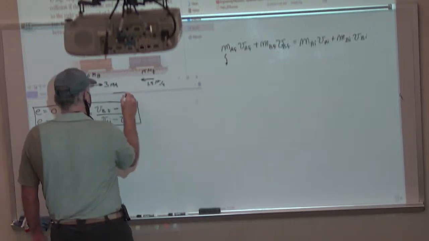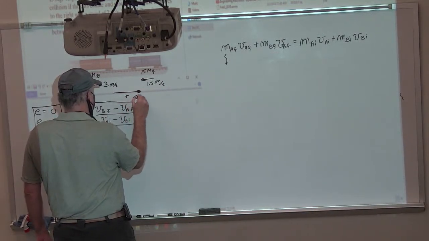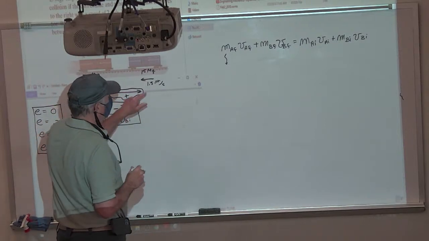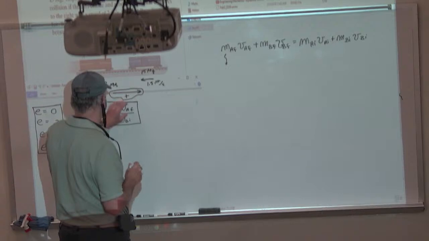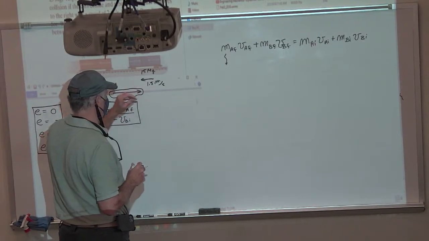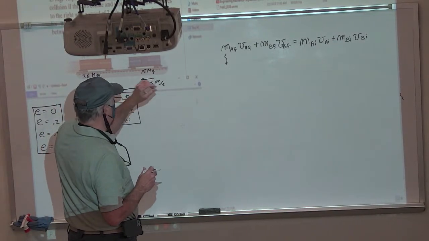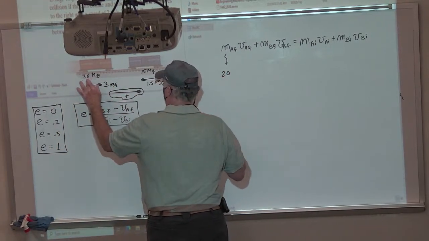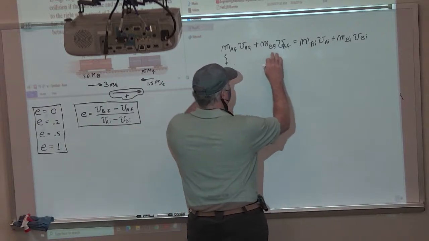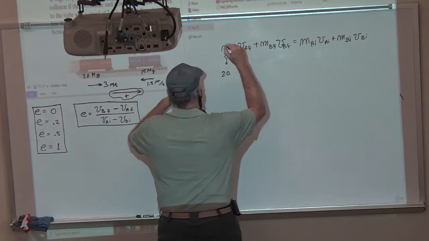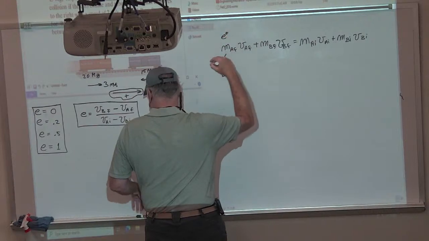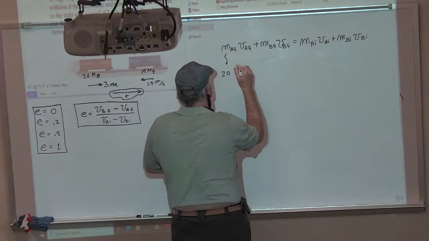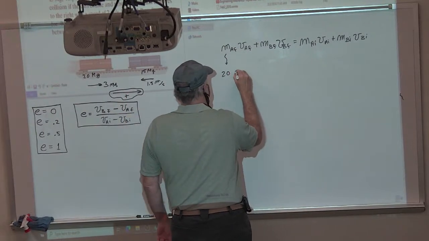Now, if I start filling this in, again, I've got to go down this concept of what is positive and what is negative. These are vector equations, so you have to have a positive and negative direction there. Mass of A, I'm just going to list as 20 because the e to the 6th can be canceled out on all the terms. So I'm just going to list them as 20. 20, V_A final, I don't know.